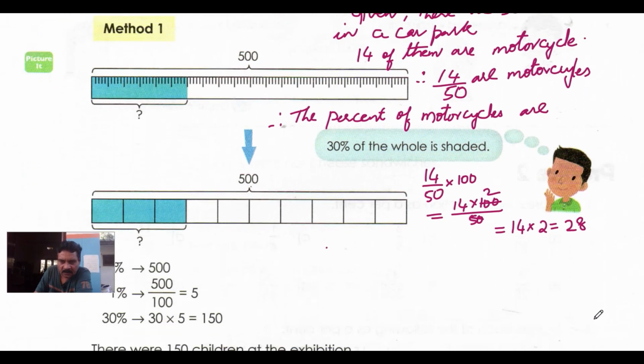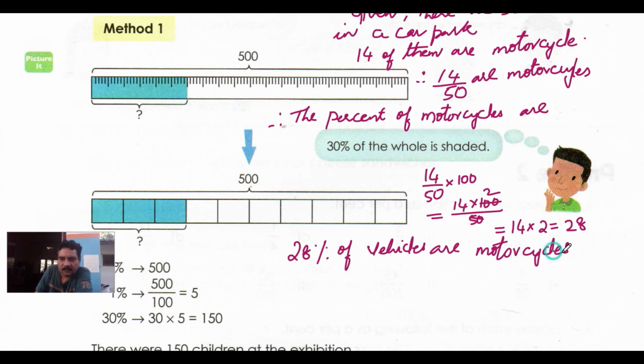So we can write down 28% of vehicles are motorcycles. This is one part of the answer.